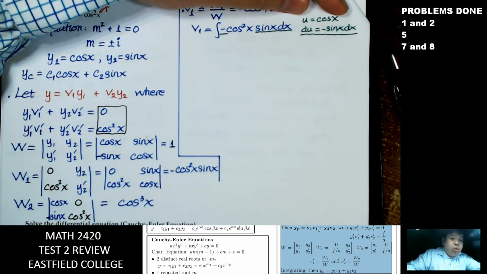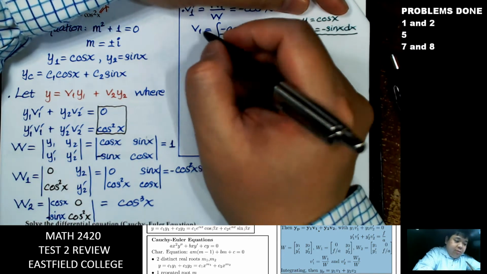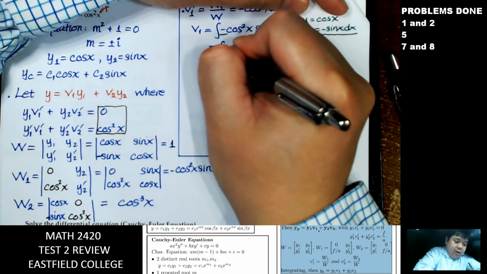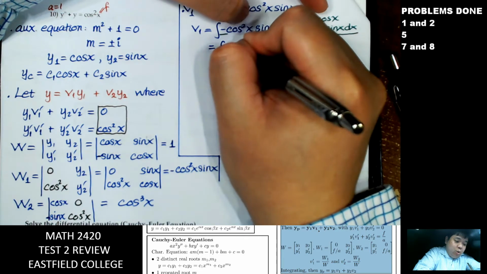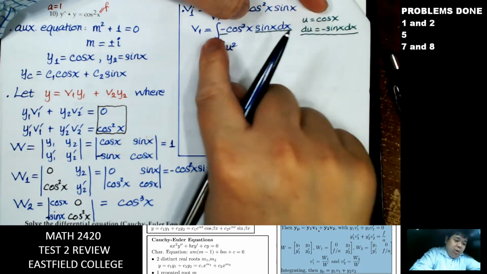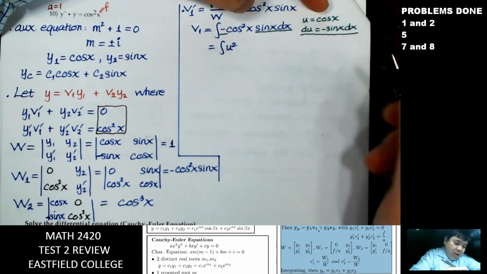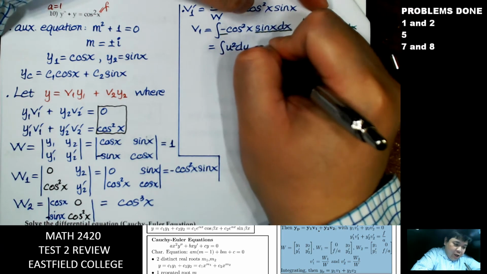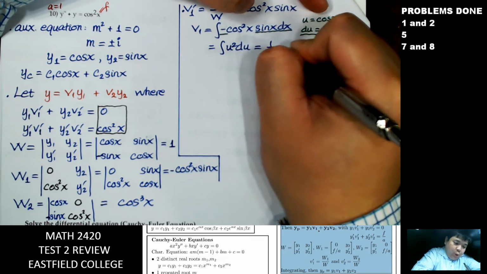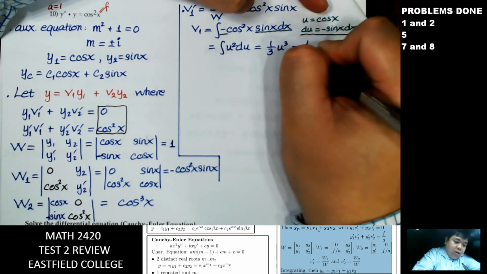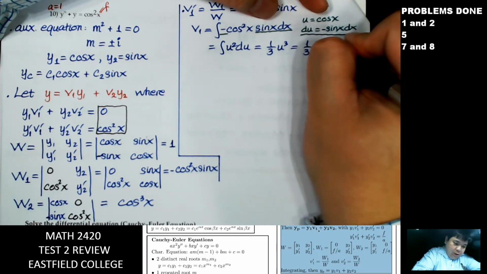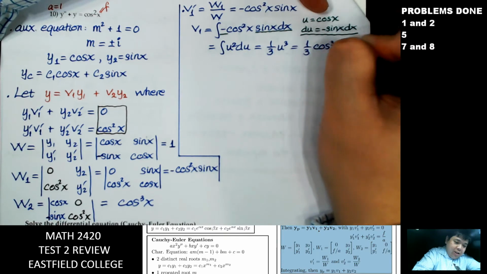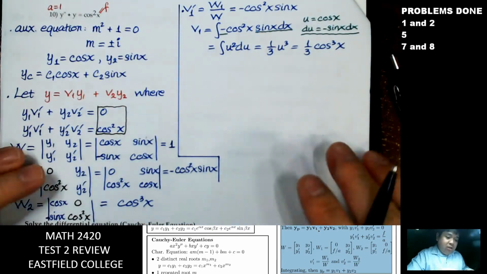So this will turn out to be just u square, that is cosine square, and the rest composed of du. So we have 1/3 u cube, so 1/3 cosine cube of x. Do not need a constant here, so we just that.